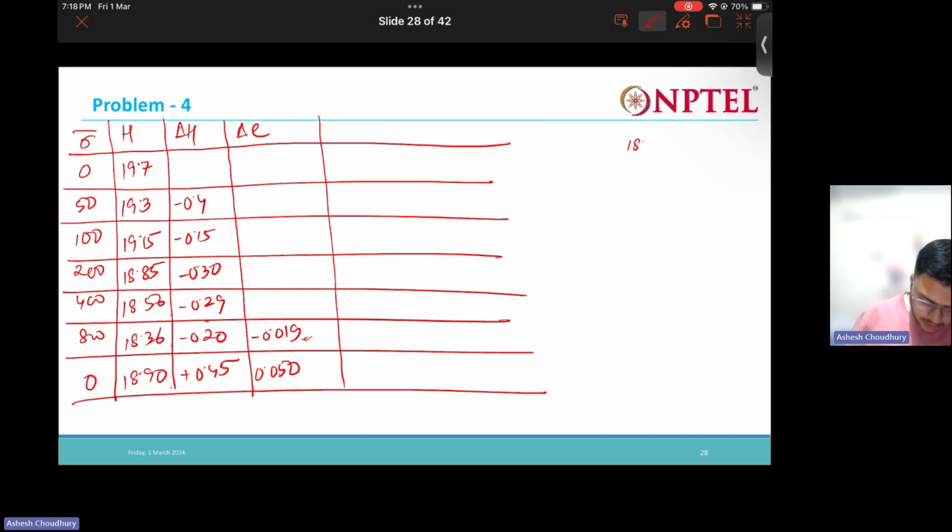It will be 18.85 minus 18.56 divided by 18.56. Delta E, so E equals E minus delta E. So here it is 0.712. Alright, like this we are going.